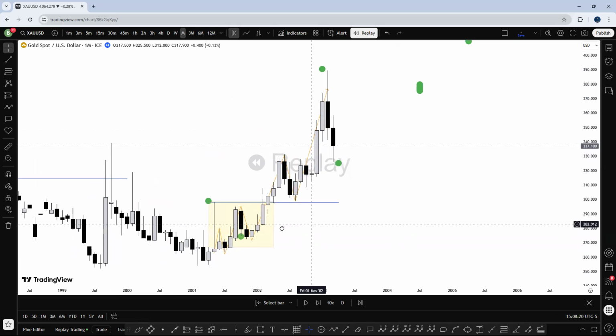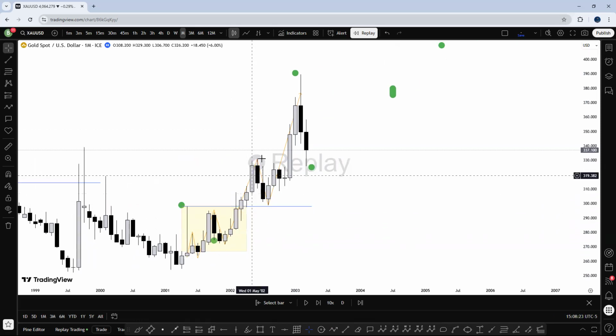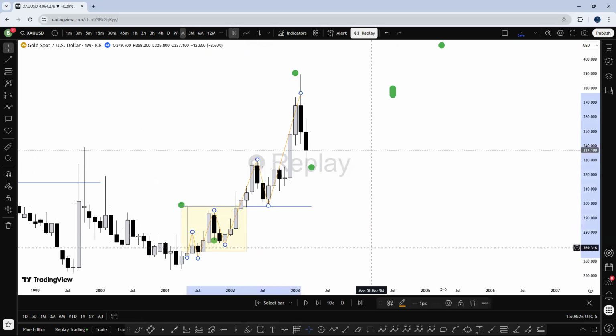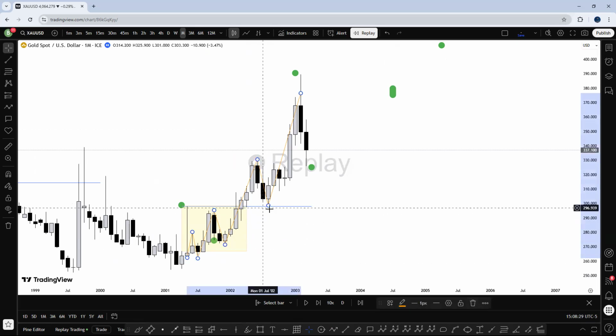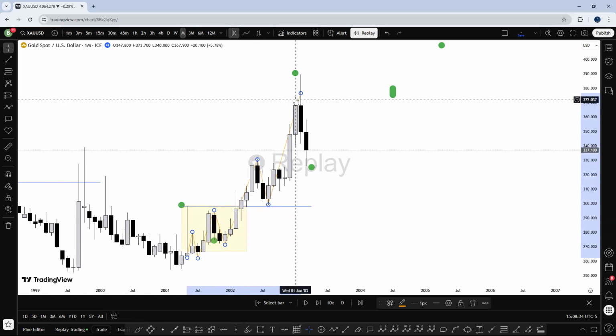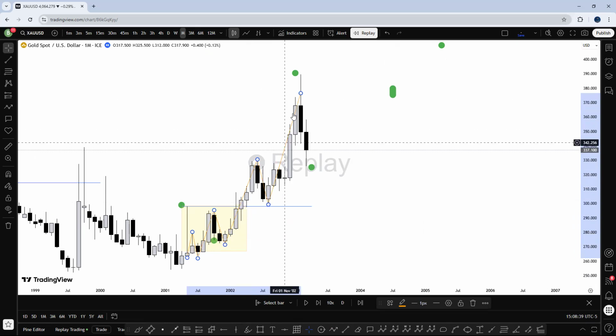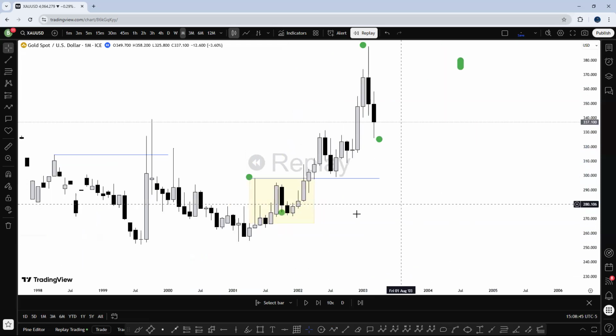Now, here, the question is, for example, if this pullback is forming, you know you are still going higher no matter what, because you didn't see any sign of pullback. You are going higher. So the question is, where is the market going to stop?